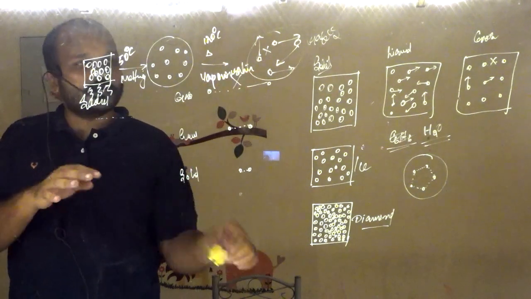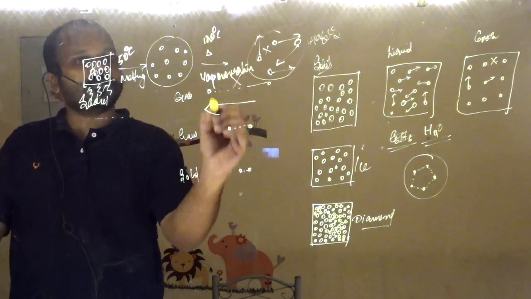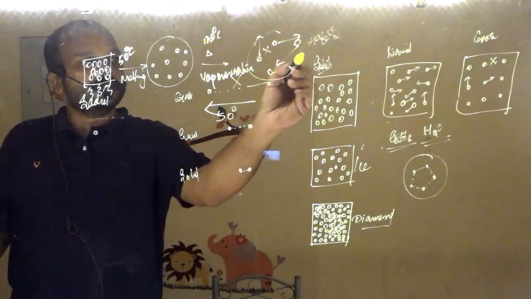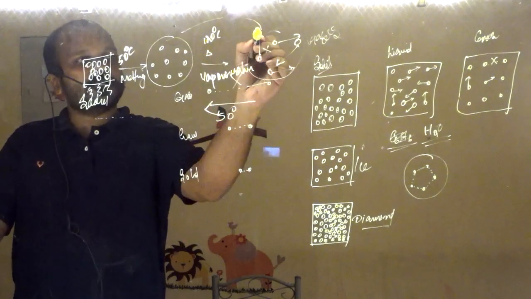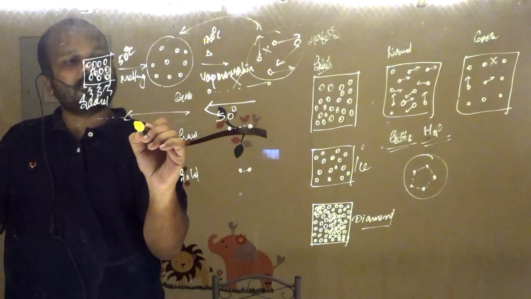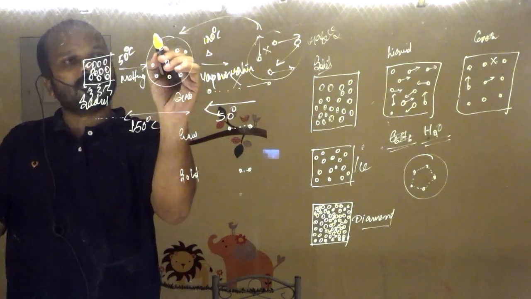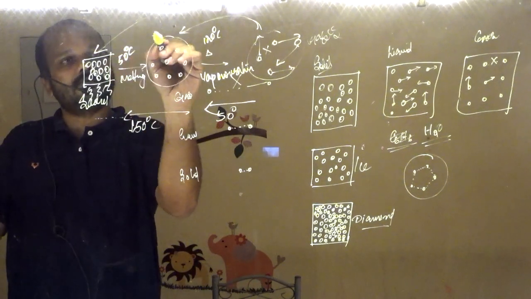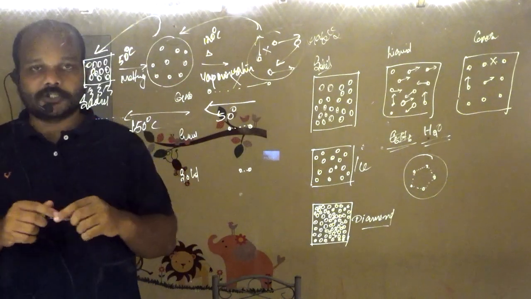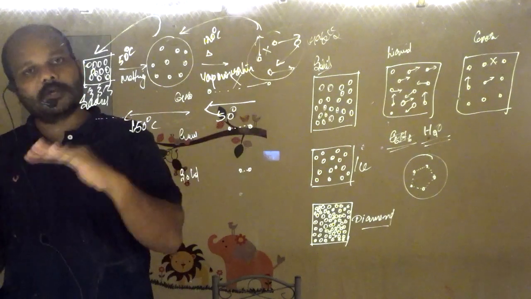On the other hand, if I decrease the temperature from 120 degrees Celsius to 50 degrees Celsius, the gas particles will change into liquid. Again, if I decrease the temperature below 50 degrees Celsius, the liquid particles will change into solid. This is what happens when we melt and when we cool.